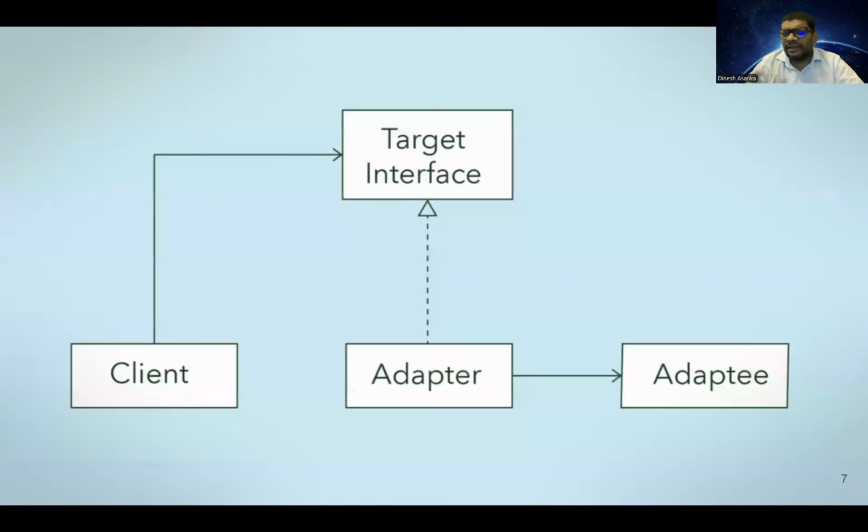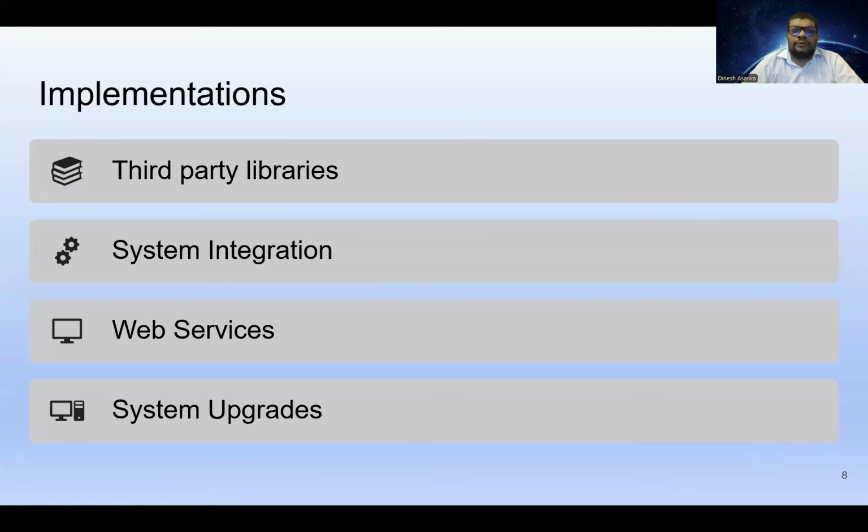Right, so this is the high-level architecture. The client and the adaptee are connected through an adapter class. Where can we use this? Mostly this is used for third-party libraries where you don't have control over it.